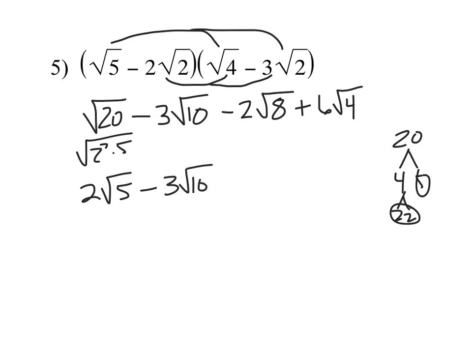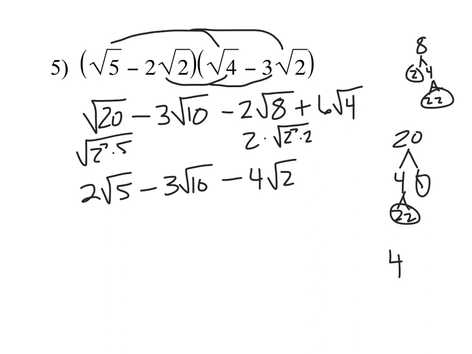So that's going to come down. 8 goes to 2 and 4, and then 2 and 2. So 8 is 2 times the square root of 2 squared times 2. This 2 comes out, so 2 times 2 is 4 times the square root of 2.